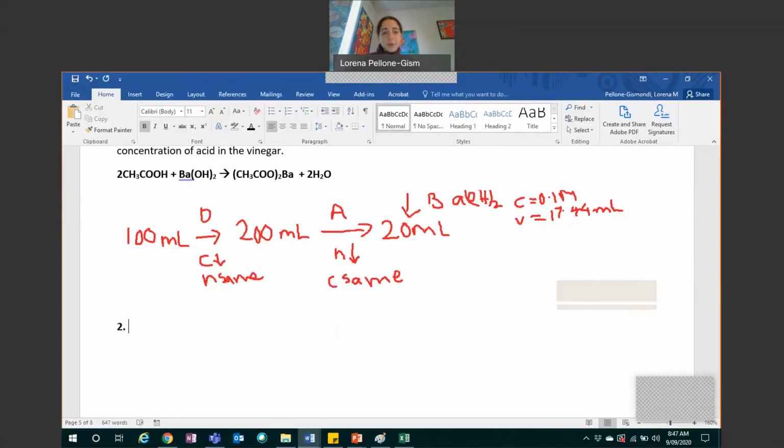So step number 2 is really working out the moles of the known, which in this case you can see we've got the concentration and the volume of the barium hydroxide.